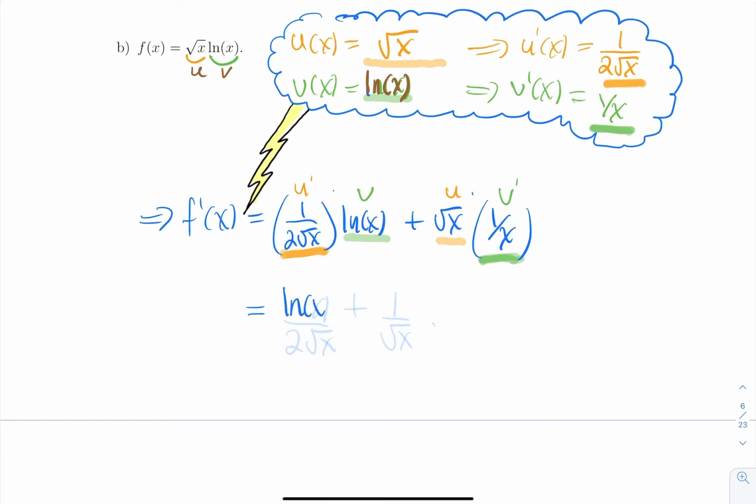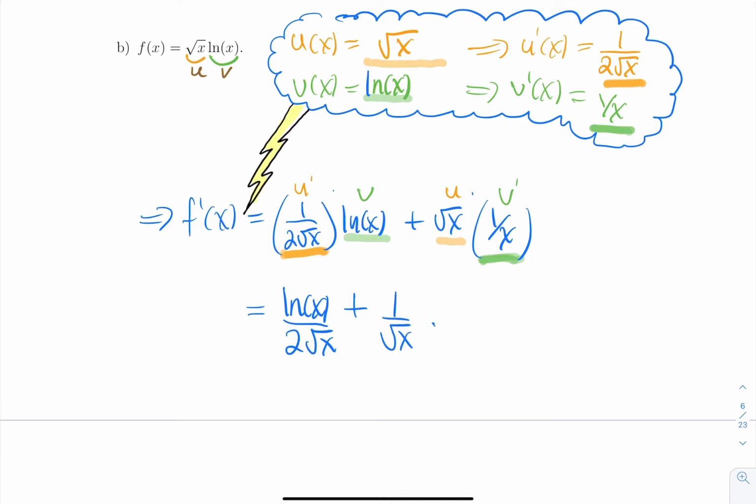So you get ln of x over 2 root of x, written as one fraction, plus root of x over x, which actually simplifies to 1 over root of x. It does not really matter. Again, what's really important for those two examples: you see it's a product, you label u, you label v, you compute u prime and v prime, and you combine these four functions with the product rule. Okay, u prime v plus u v prime.